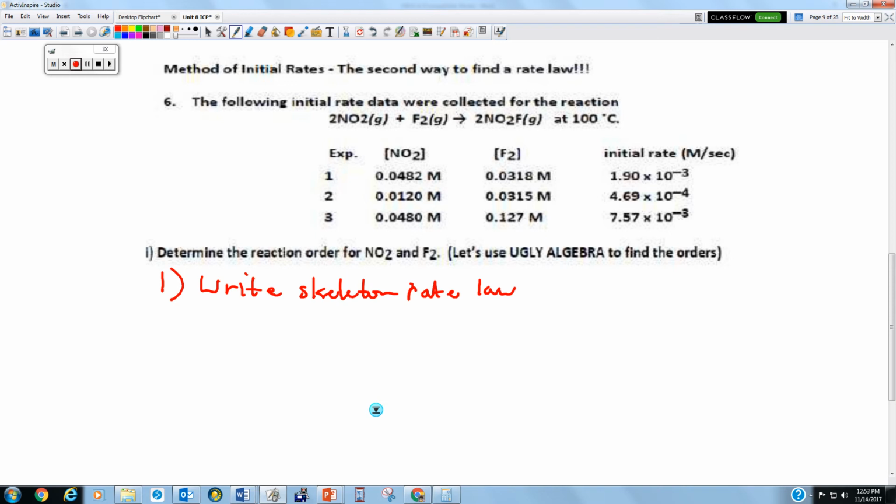All right. So based off of this information, we have nitrogen dioxide plus fluorine yielding nitrous fluoride. What would be our skeleton rate law here? How does it start from yesterday?